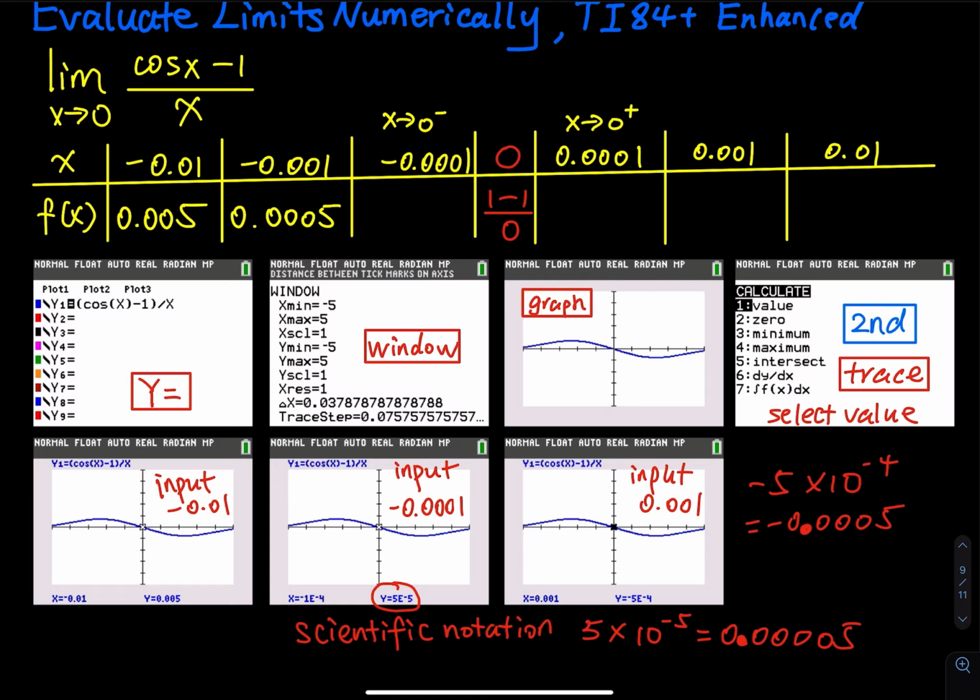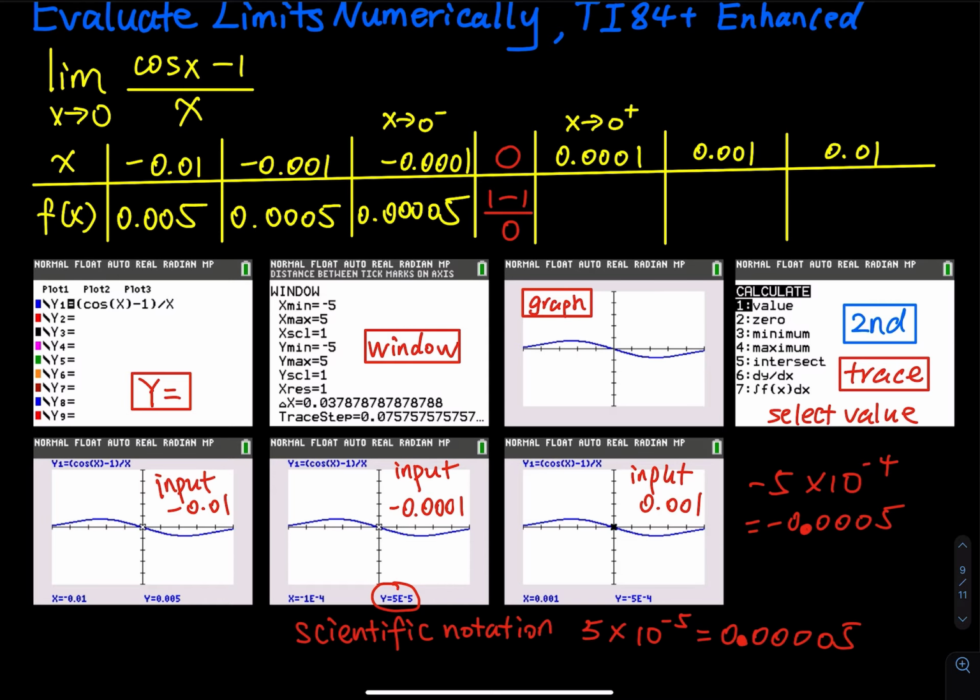That means you have to move the decimal point 5 steps to the left. So the next value is 0.00005. As x approaches 0 from the left, you can see that y is getting closer and closer to 0.